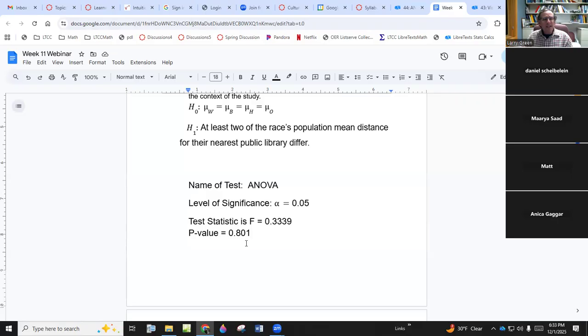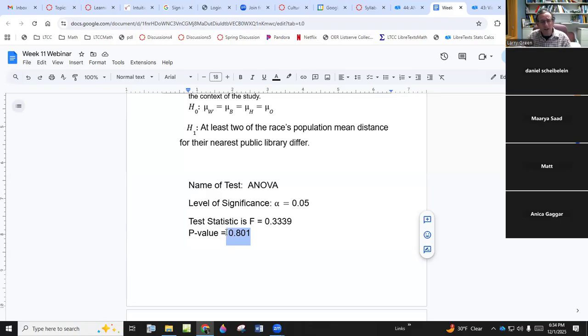Okay, what do you think the conclusion is going to be when you have a p-value of 0.8? There's nothing new here. You better know what that tells you. Even if you didn't know what the level of significance is, we did choose it to be 0.05. Yeah, you fail to reject.